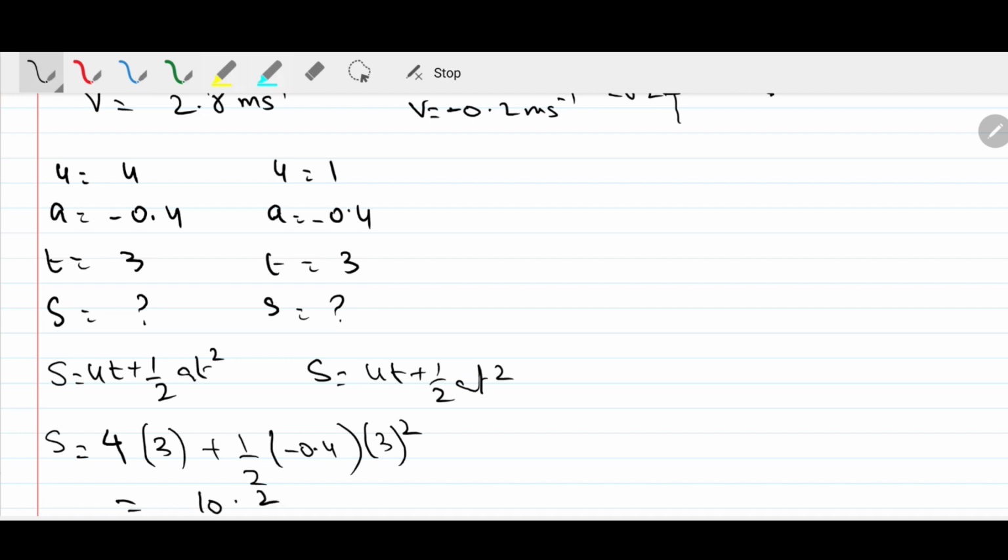which is 10.2 meters, and S is equal to 1 into 3 plus half into minus 0.4 into 3 squared.